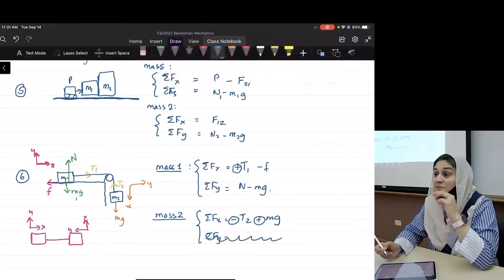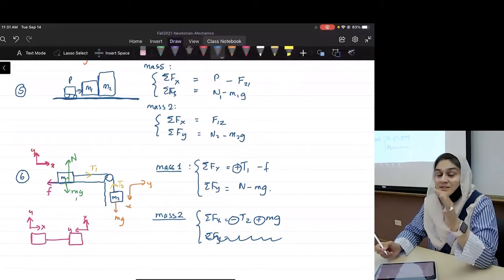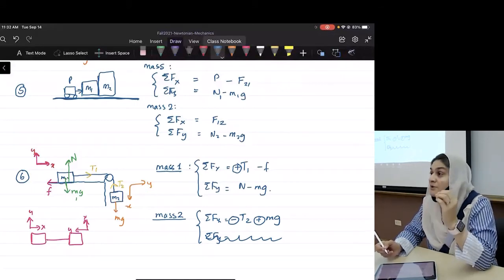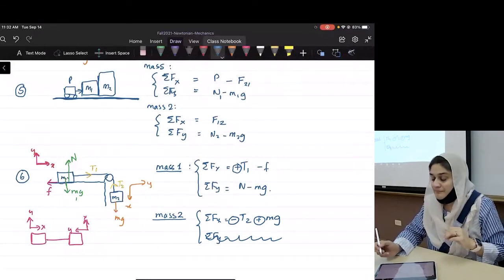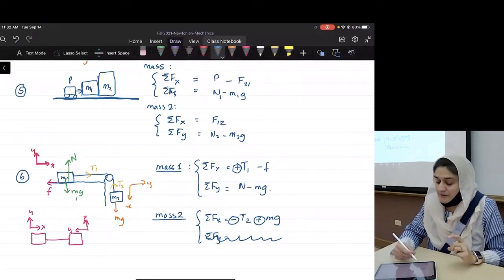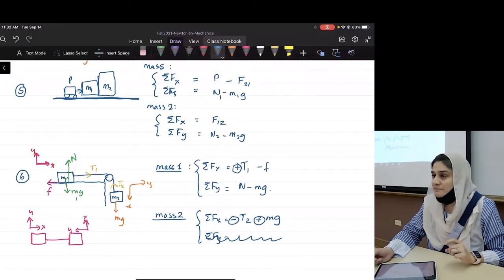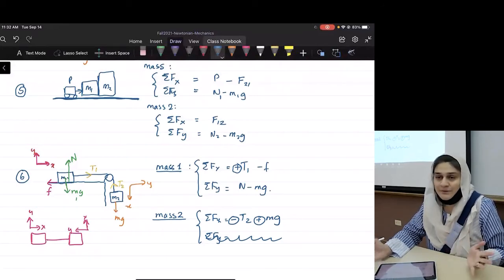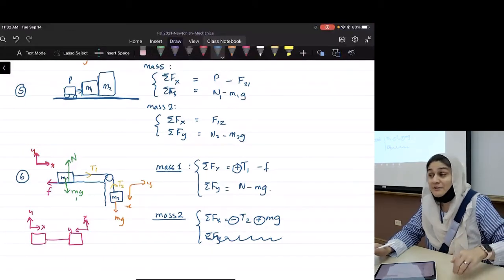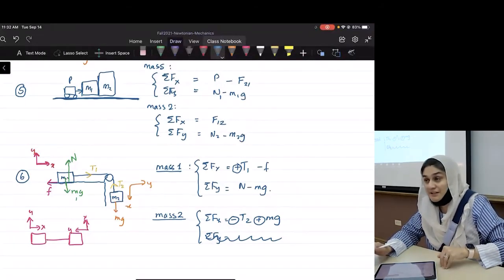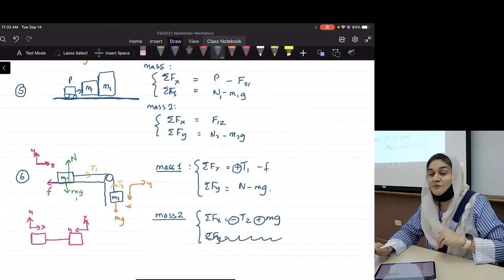This is one mistake we all make at some point in our lives. Follow your coordinate system. The coordinate system tells you what it wants you to do. Also remember, is T1 equals T2? Yeah. Because that's the only possibility. Which means acceleration for mass 1 should definitely equal acceleration for mass 2.